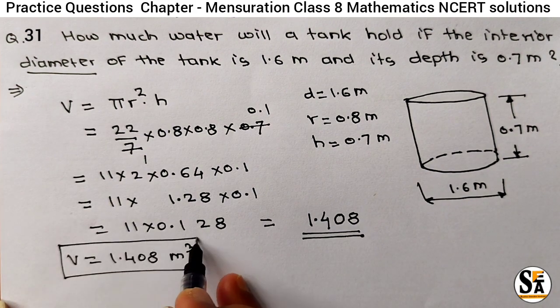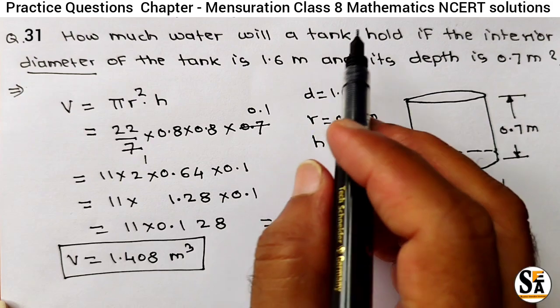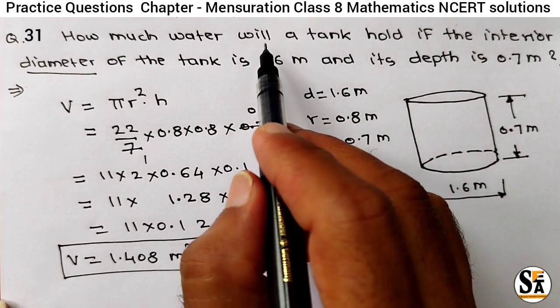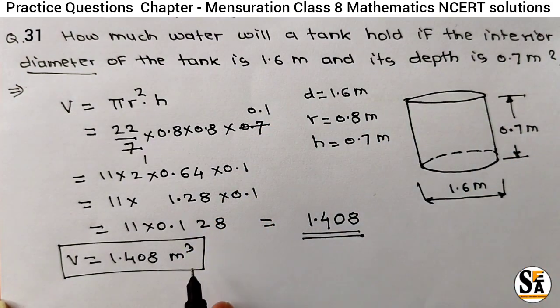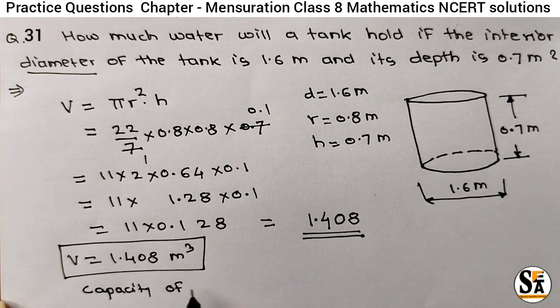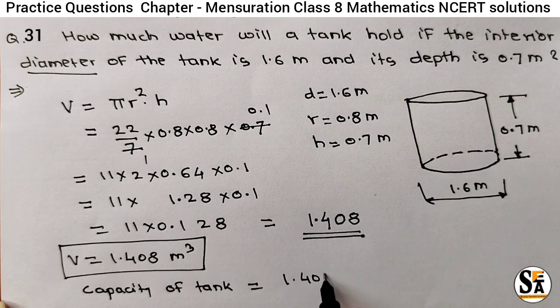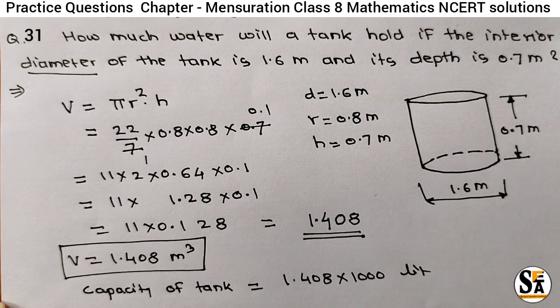But what is asked? We have to calculate the capacity of the tank, how much water the tank will hold. Now the conversion factor: if the dimensions are 1 meter cube, then that pot contains 1000 liters. So capacity of the tank will be equal to 1.408 into 1000 liter, isn't it?